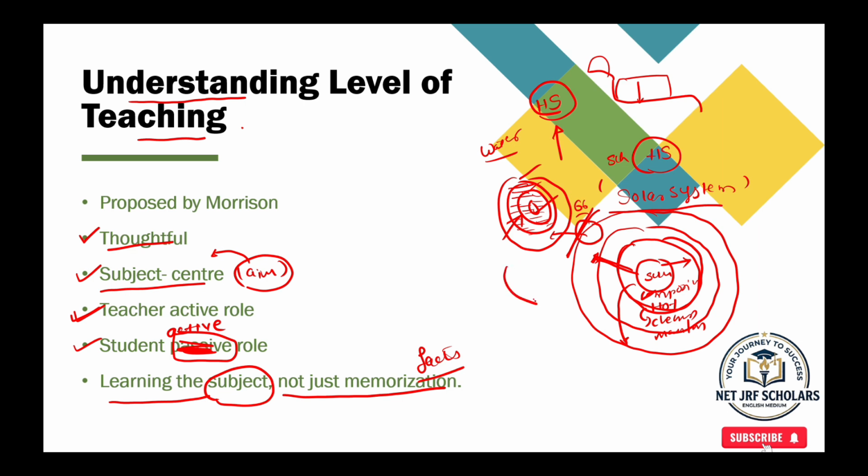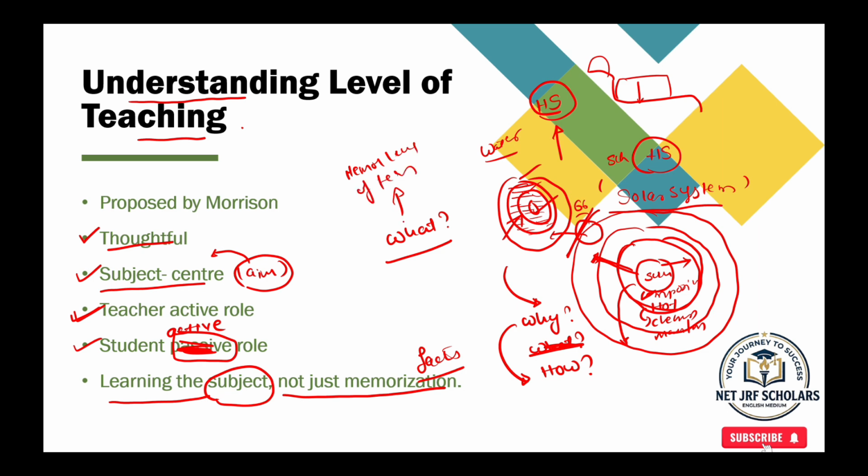Once understanding the concept, even the questions are like why, what, how, especially why and how rather than what. The question of what you can mostly see in the memory level of teaching. What is the capital of Andhra Pradesh?